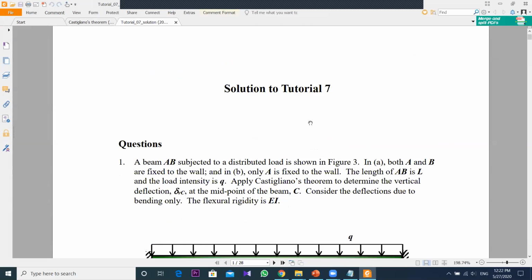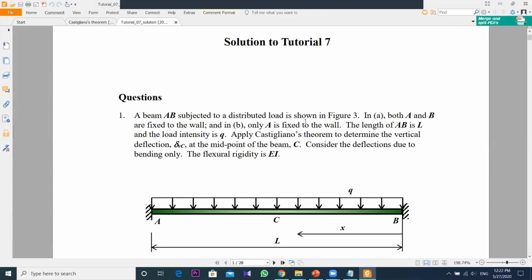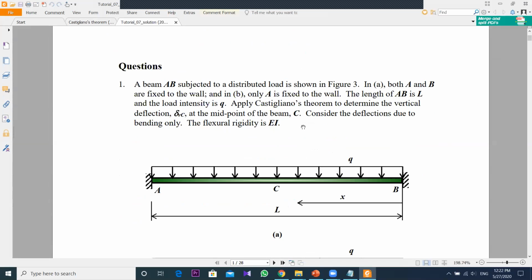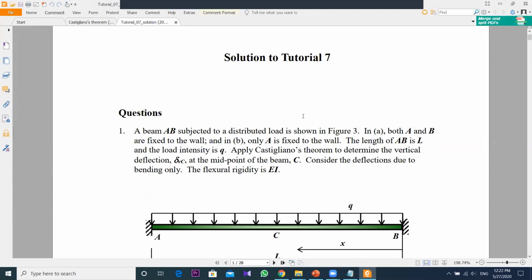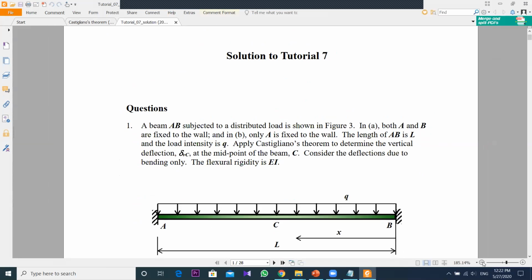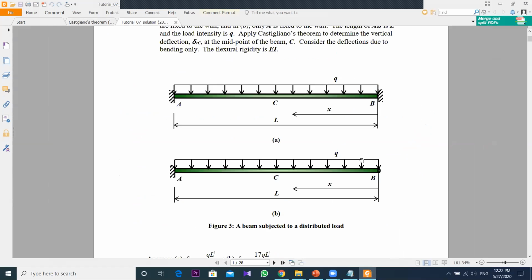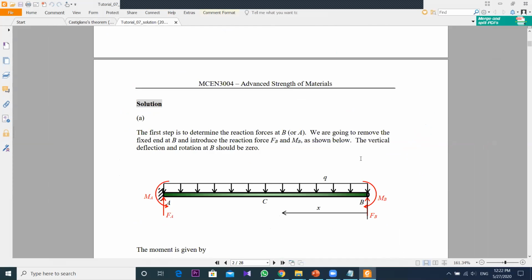Tutorial 7, is it the same thing or different? Is it different? Do you have the tutorial with you? So it's the same thing. Okay.